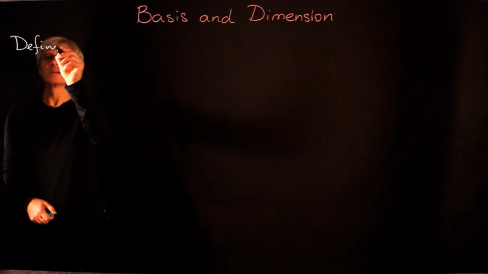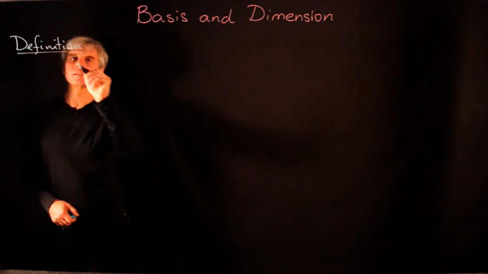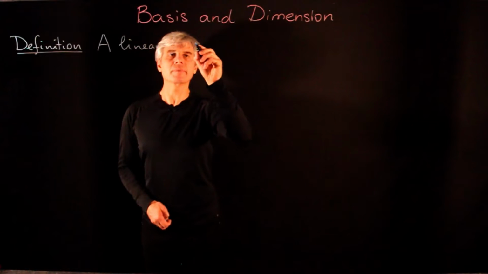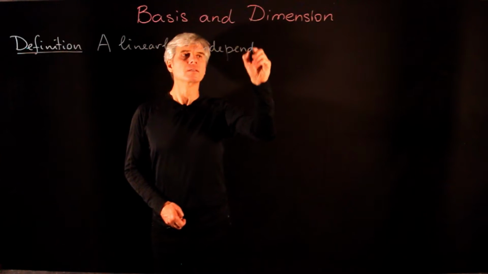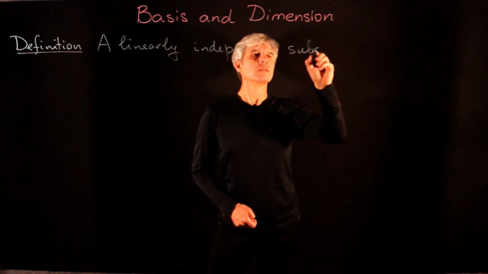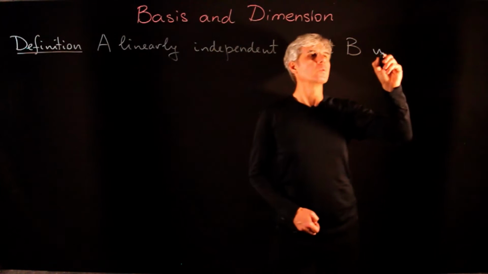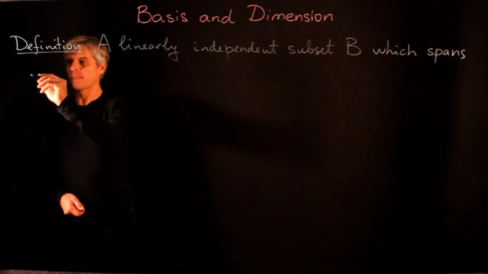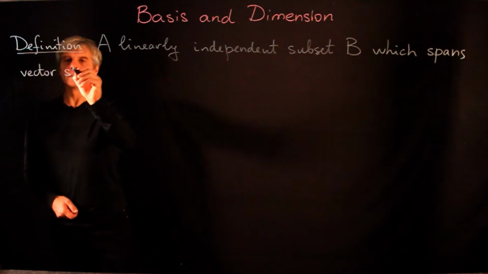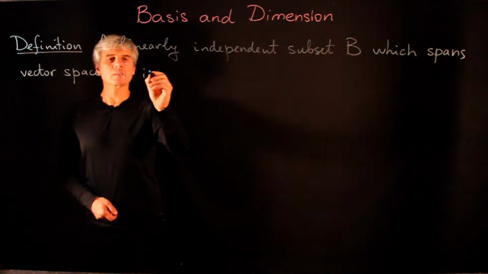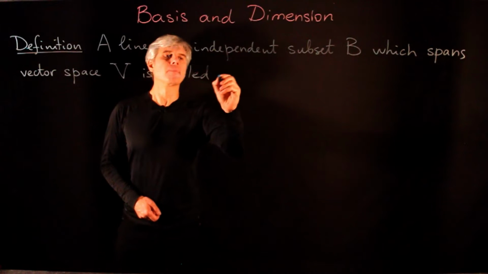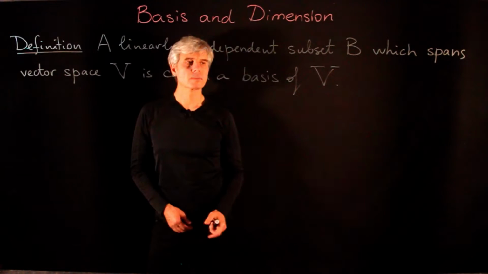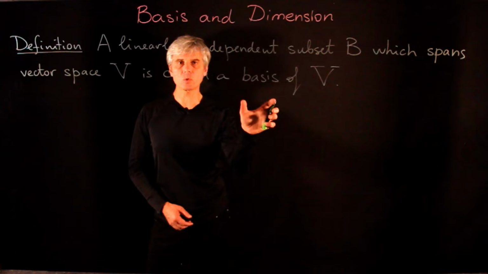So, definition. A linearly independent subset B which spans vector space V is called a basis of V. So here we see that the basis has two properties.